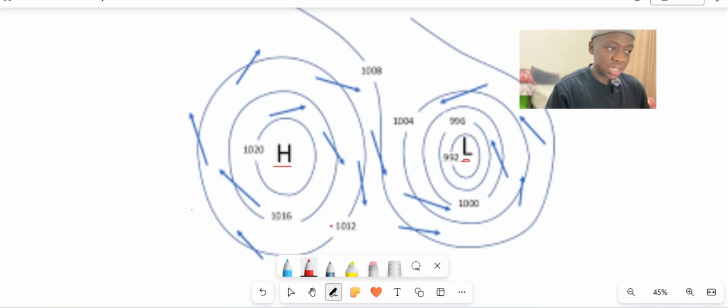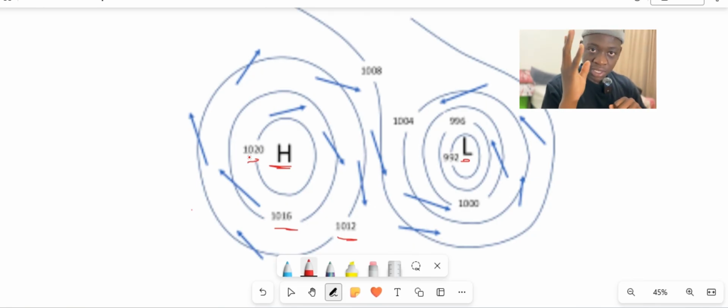If you look closely at the high pressure cell, the numbers on the lines are 1012, 1016, 1020. You can see that we have a pattern: from 1012 to 1016 it increases by 4, from 1016 to 1020 it increases by another 4.